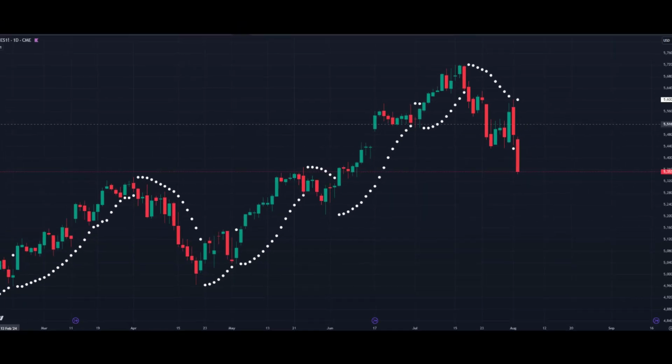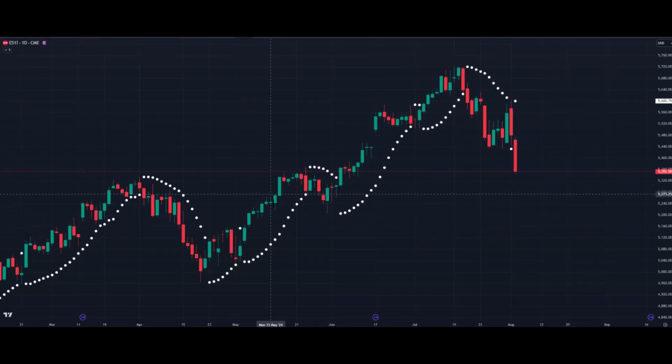And I suppose another annoying point to it could be where you see in this example, we got this nice trend here, and because we've got the standard setup, we then get a flip to get us out of the trade, and then the trend continues on upwards, and it's a similar thing here, just two dots there, but actually the trend continues.